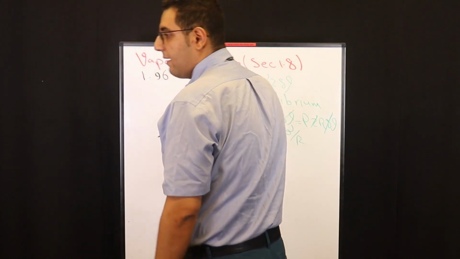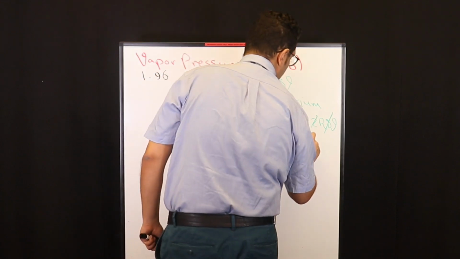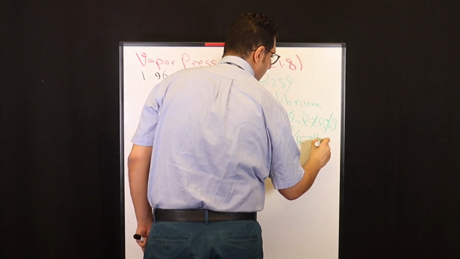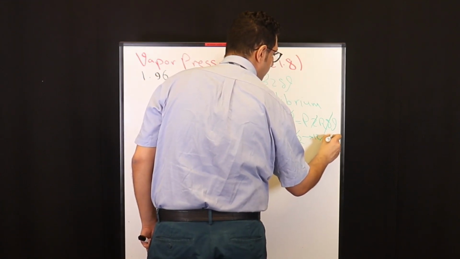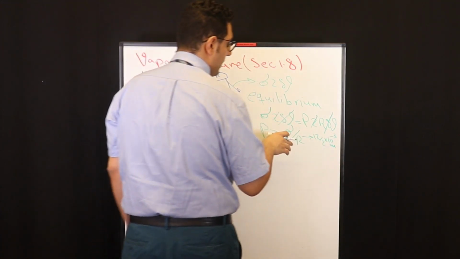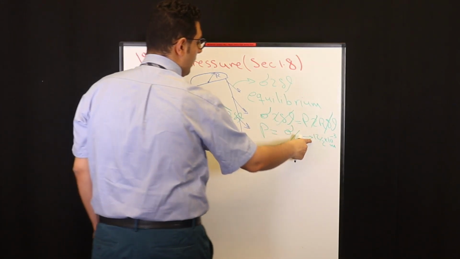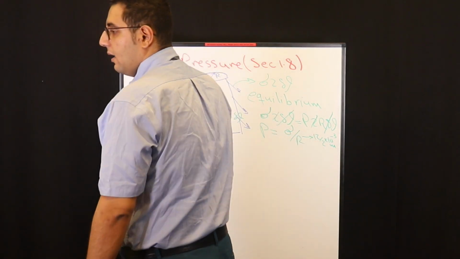We have R as 12 divided by 2 multiplied by 10 to the power minus 3 meters, because it is specified in the question that the diameter is 12 millimeters.